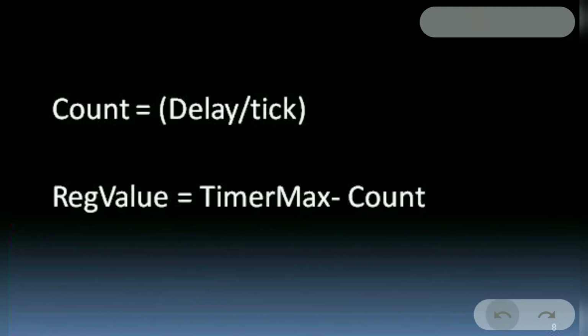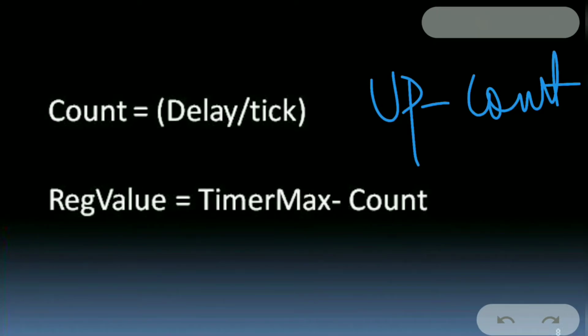But the value to be inserted inside the register is the register value, which is calculated as timer maximum value minus the count value. The reason behind this is that the timer of the 8051 is an up counter.